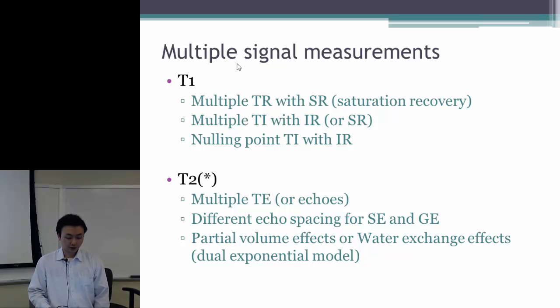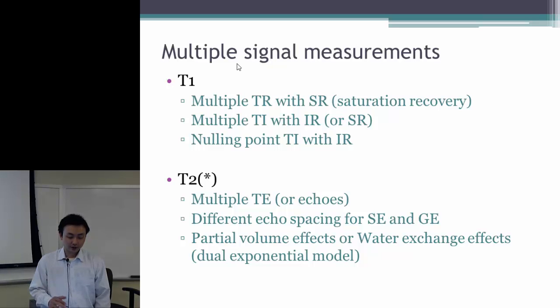So you need to assume that there are two tissues with different partial volume ratios, and then use this weighted dual exponential model to estimate the two T2 or two T2 star values of the two partial volume tissues. And also there is this water exchange effect. The water exchange means that the free water outside the cells will have a different T2 or T2 star than the water within the cells.